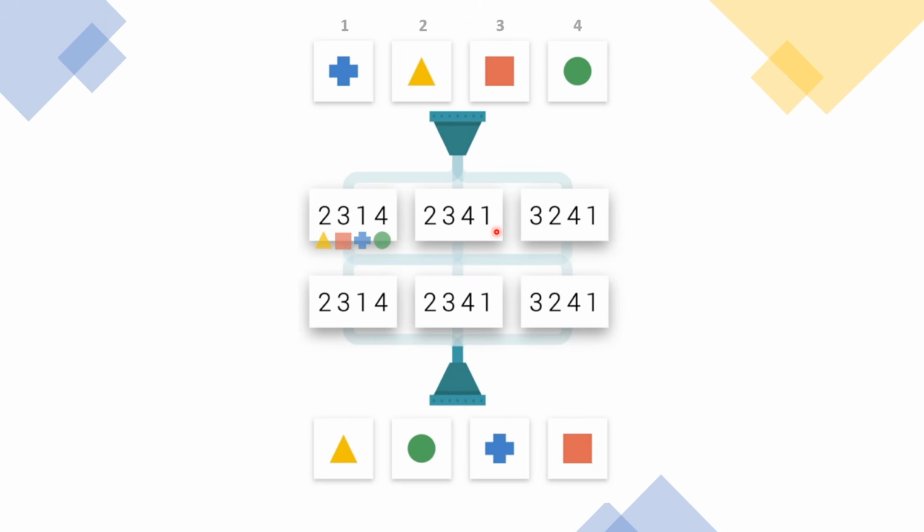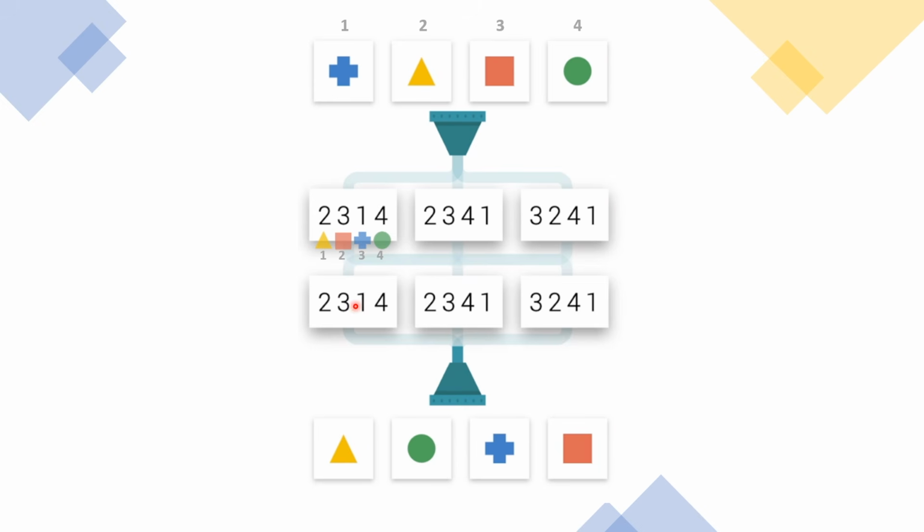Then what we need to do is use this set of shapes and put it through each of these operations to see if we achieve this solution. So once again, we imagine that these shapes are numbered 1, 2, 3, 4.